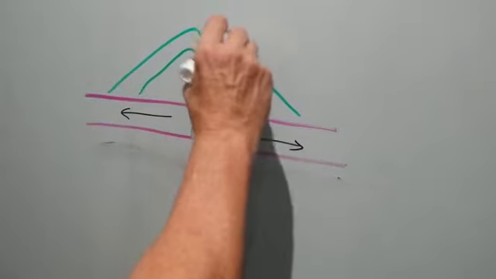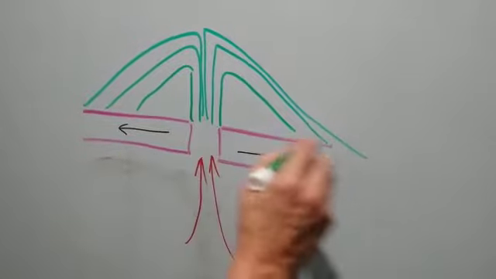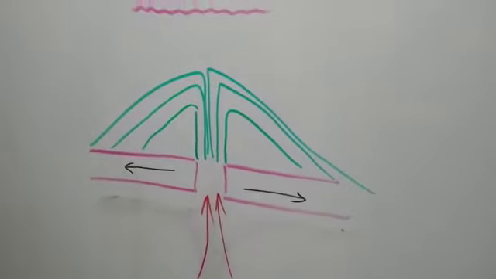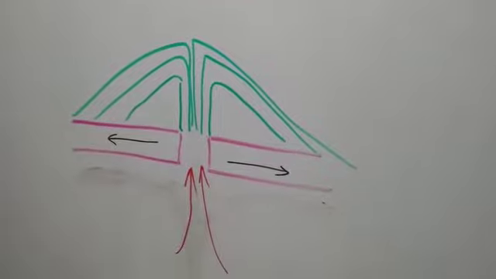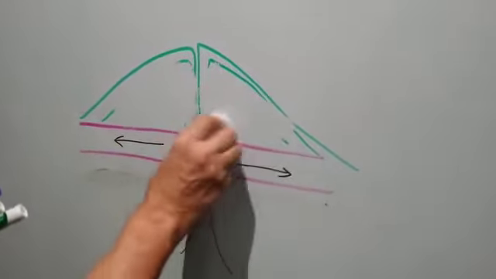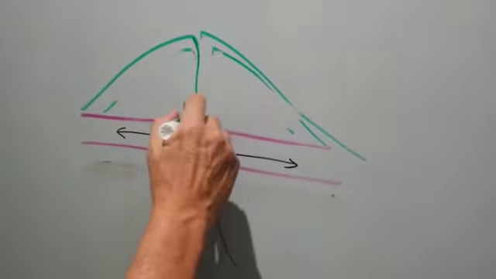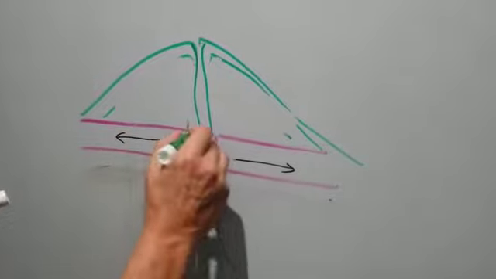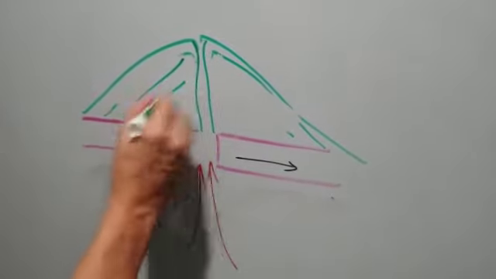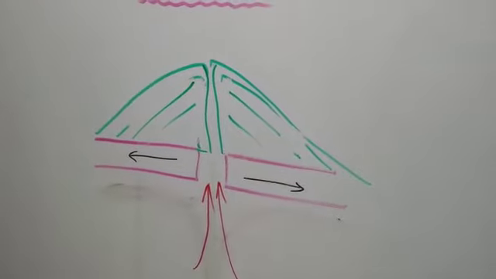And so what we end up with on a constructive plate boundary is we end up with volcanoes which could be on the ocean floor, but ultimately they could reach the surface, in which case you would have islands on the surface as the plates pull apart. So you would have something like this.